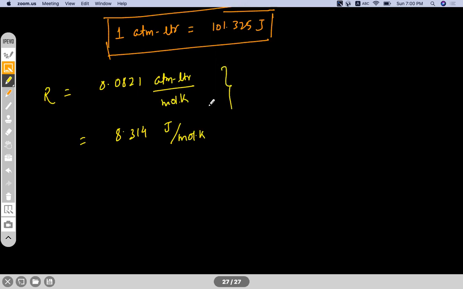Right, so if you see these two values here, can we write 0.0821 atm liter equals 8.314 joule?